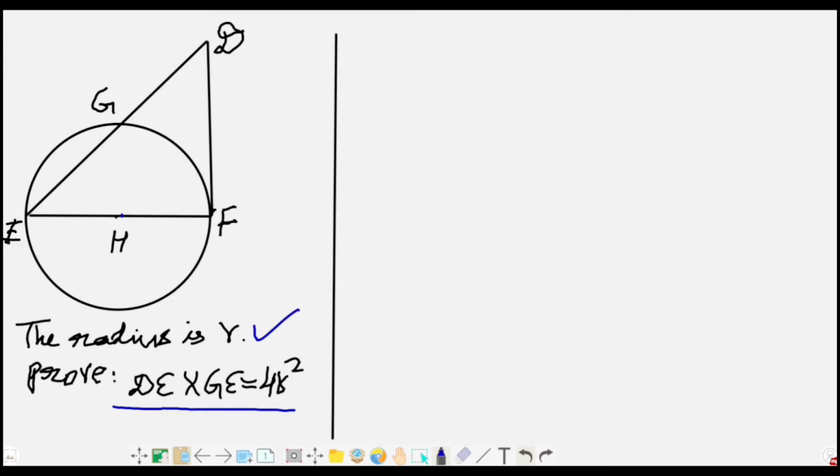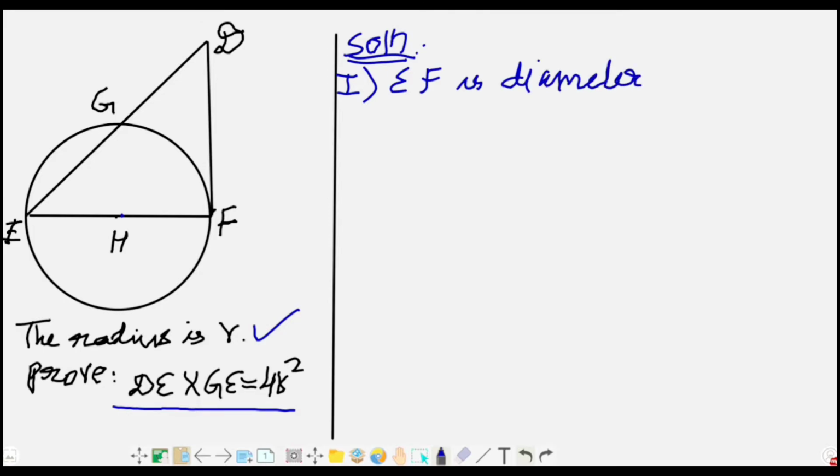Very first thing, your EF is the diameter, so your EF will be twice the radius. Because this side also the radius is R, your full EF is 2R.